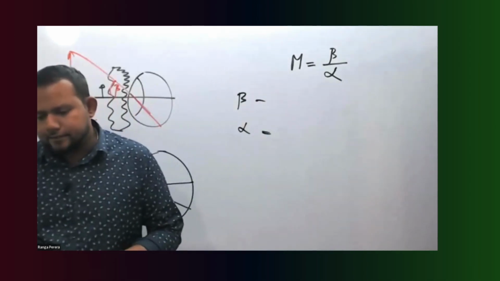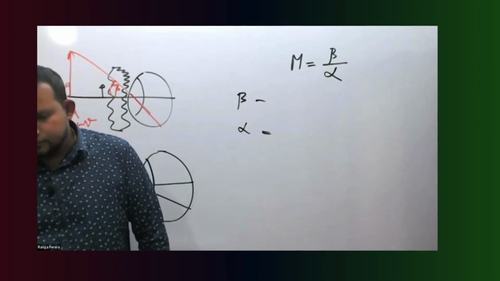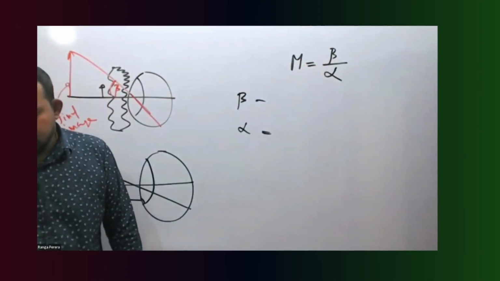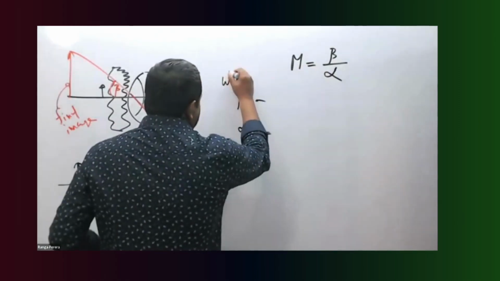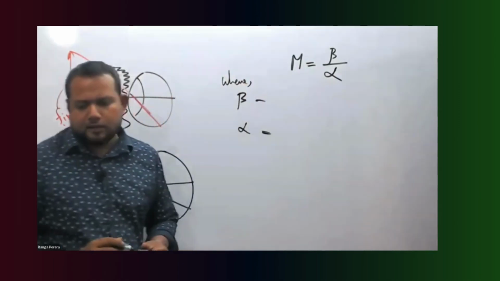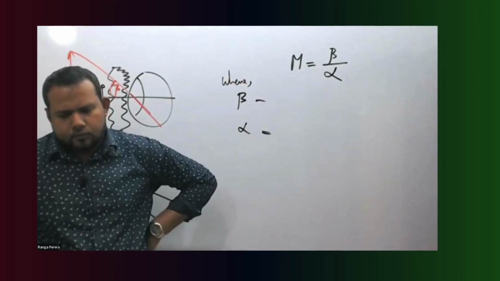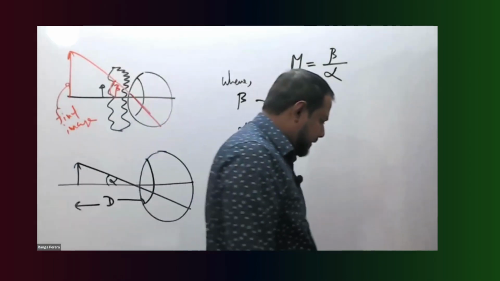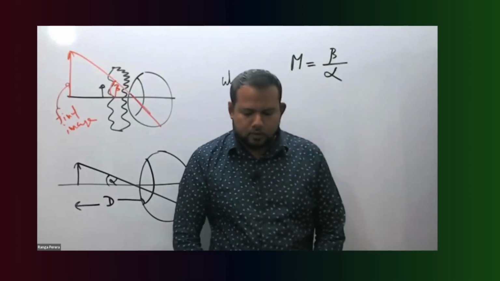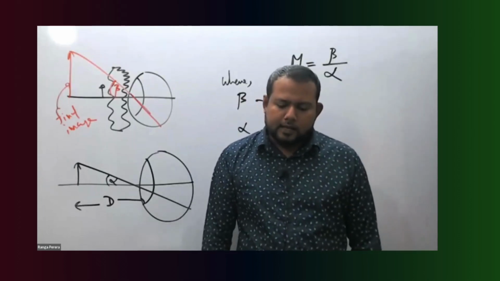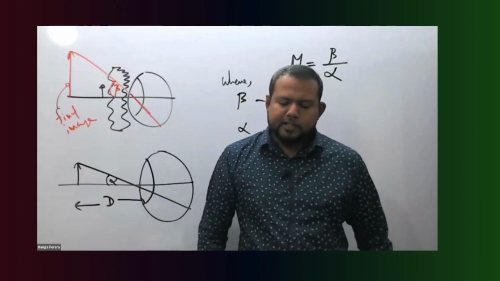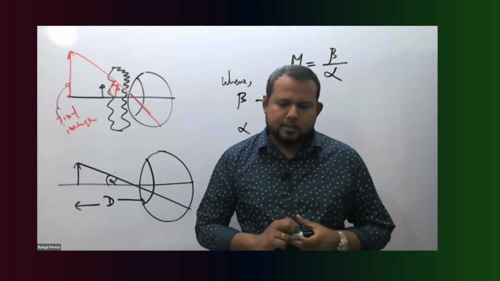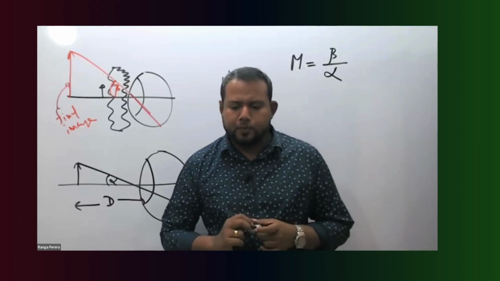It is defined as capital M equals beta over alpha, where beta equals the angle subtended on the eye by the final image of the microscope.